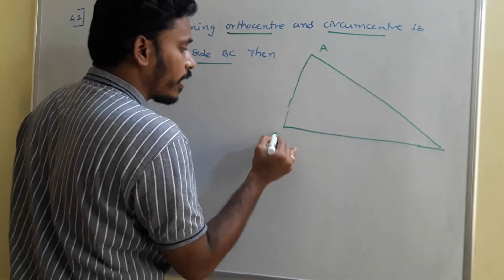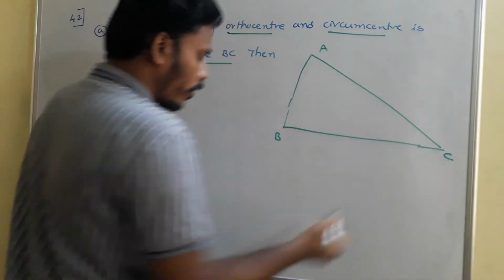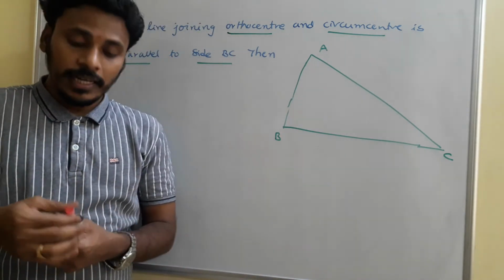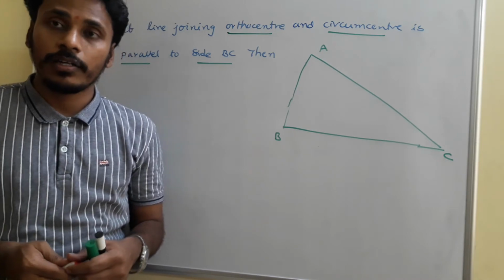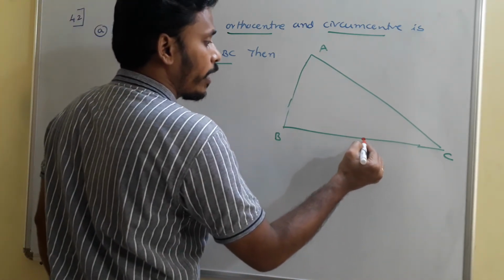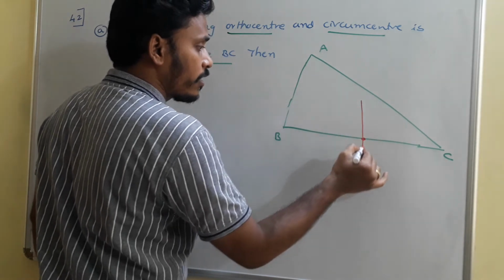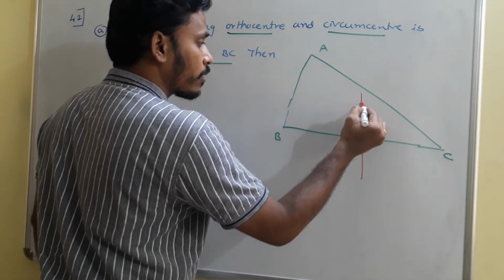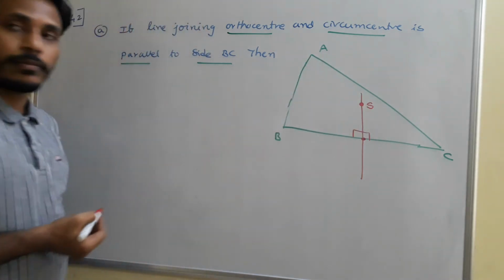This is a triangle ABC. We know the orthocenter is the point of concurrency of altitudes and the circumcenter is the point of concurrency of the perpendicular bisectors. If this is the midpoint of the side, then this is the perpendicular bisector, and somewhere on it is our circumcenter.